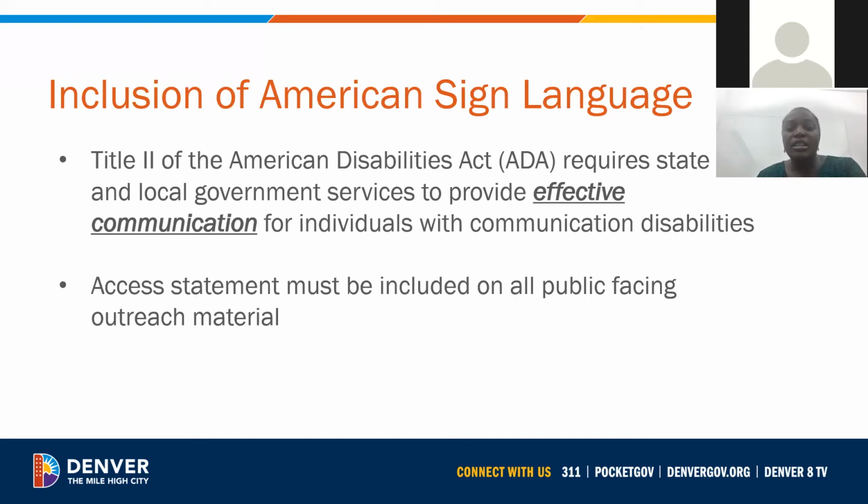This statement is included in your toolkit, so please make sure to use it. This is a requirement under federal law that goes even above what the meaningful access requirement provides under the Civil Rights Act. So even though American Sign Language is not a spoken language, it is still a language included in language access. Next slide, please.